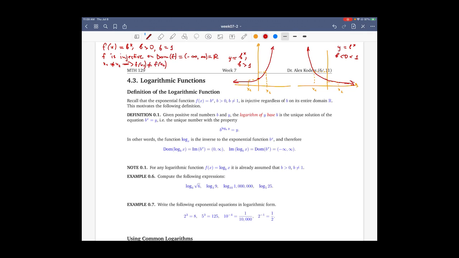Now, what about the image of this function? The image, in both cases, whether b is greater than 1 or less than 1, is the set of positive real numbers.